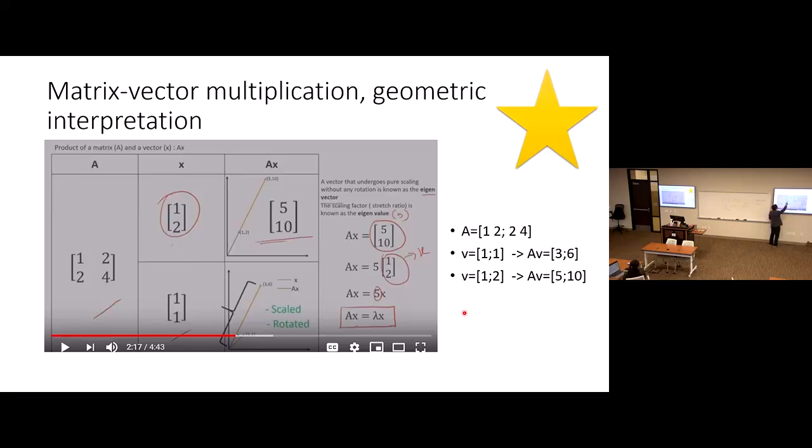Because you multiply this to that, and the product is 5, 10. 5, 10 is an extension of this vector in the same direction. It makes the vector longer, but does not change the direction. So this vector, in regard to this particular matrix, is a special vector. This is called an eigenvector.